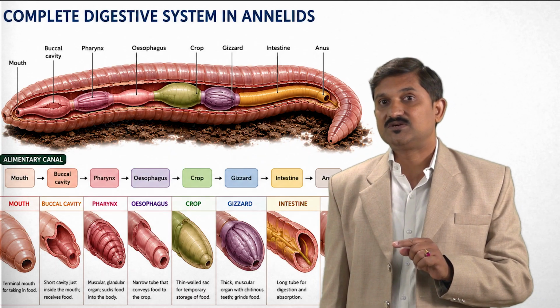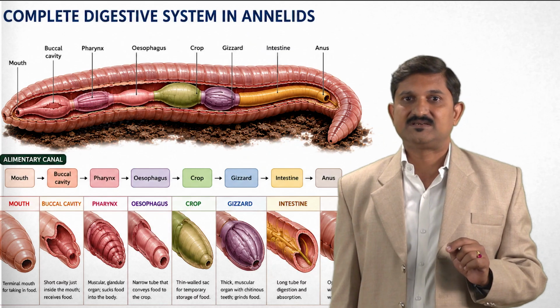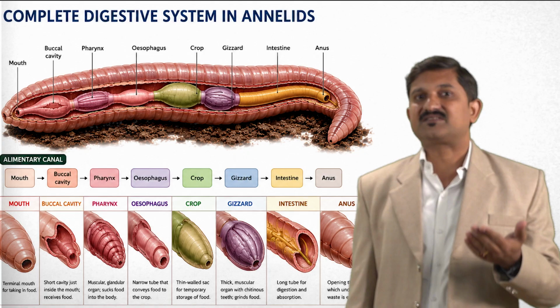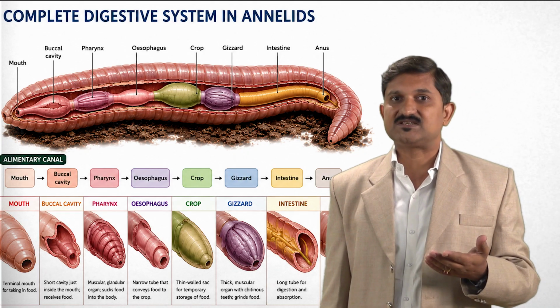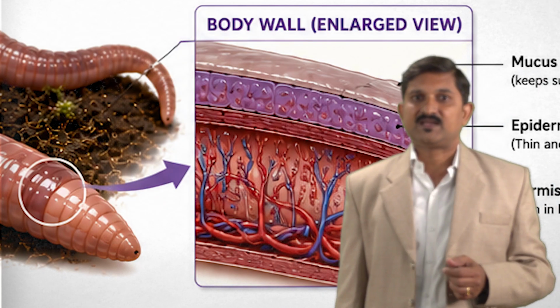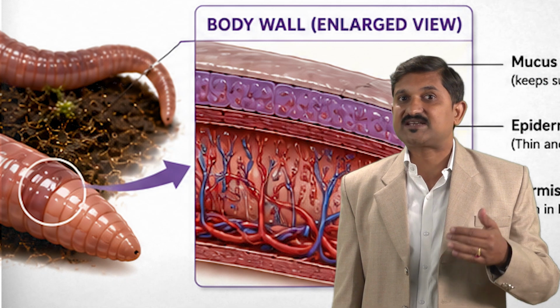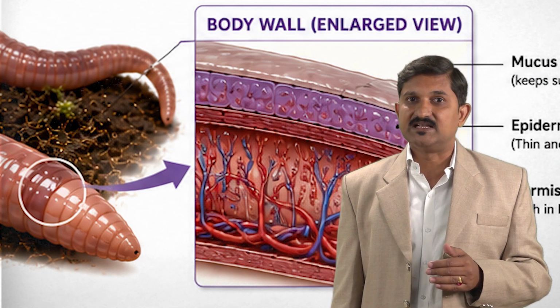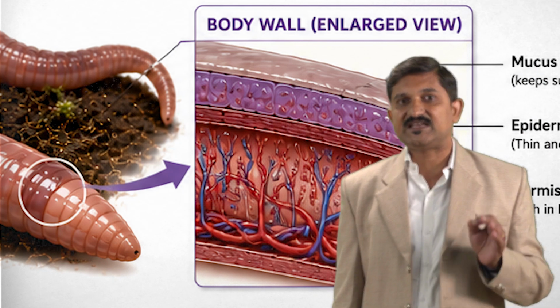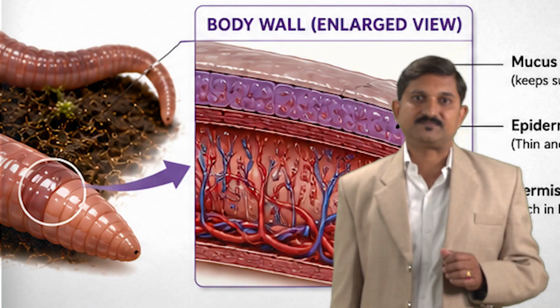Respiratory organs, which were normally absent in Nemathelminths, here one would see that respiration takes place through skin, which is called cutaneous respiration, and the gaseous exchange occurs through the skin, which can also take place through gills. When the respiration takes place through gills, it is called branchial respiration.